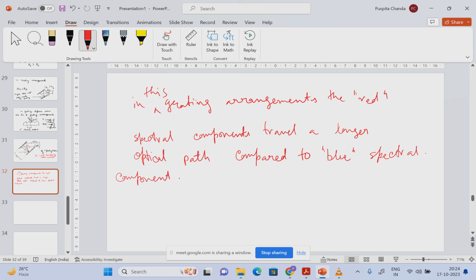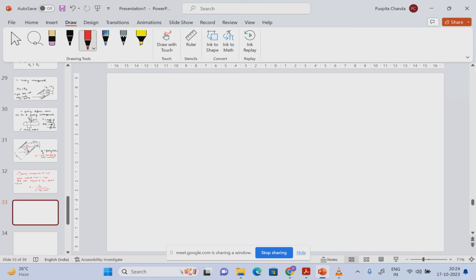Okay, so the relation between L naught and LG involves the square root of one minus (lambda by d minus sine gamma) whole square. Some people use L naught, some people use LG.